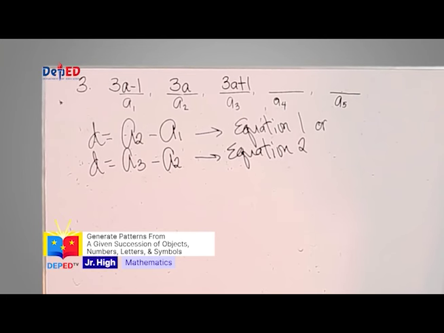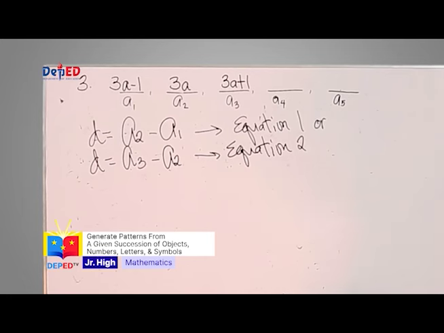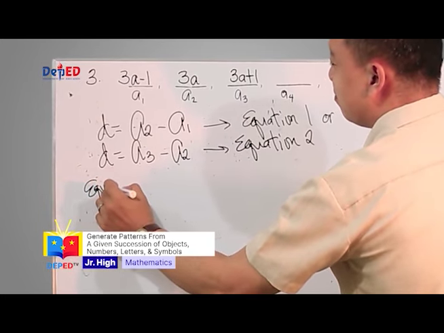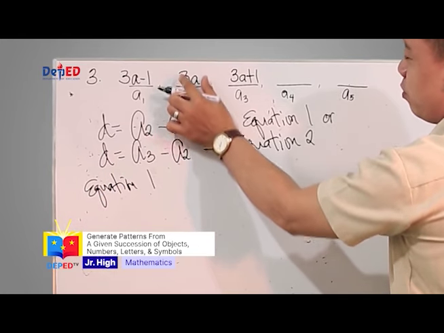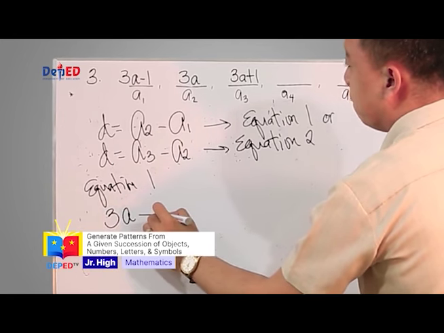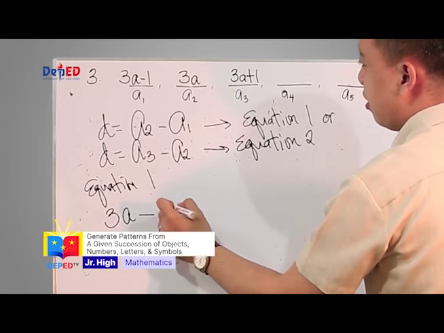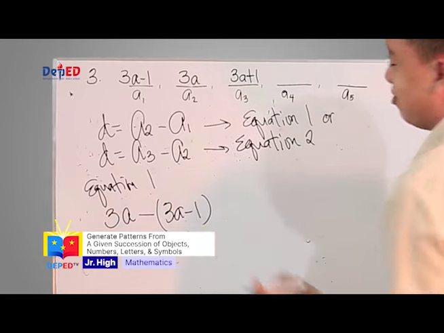If we use equation 1 and substitute the given, we will have, for equation 1, that's a sub 2, which is 3a, minus the first term, or a sub 1, that is 3a minus 1.